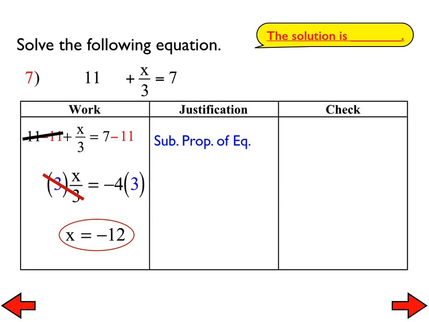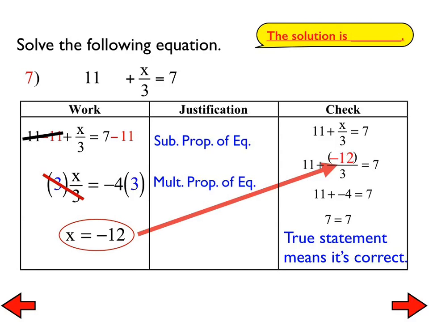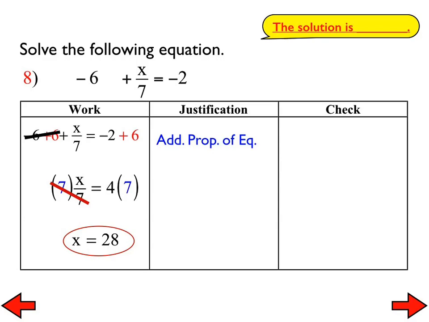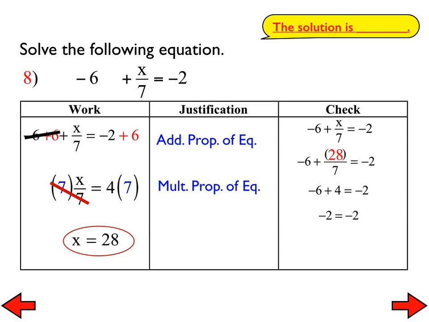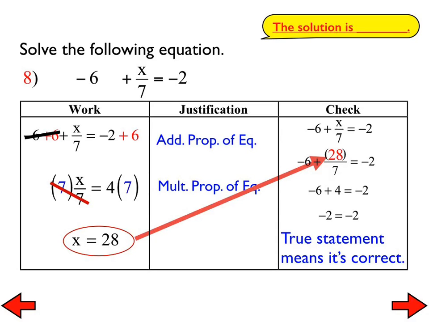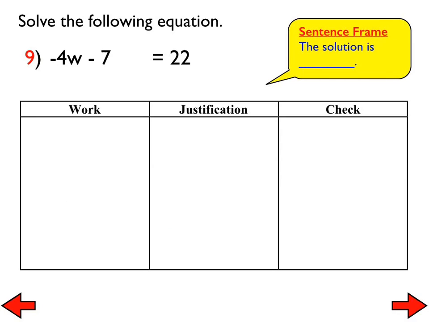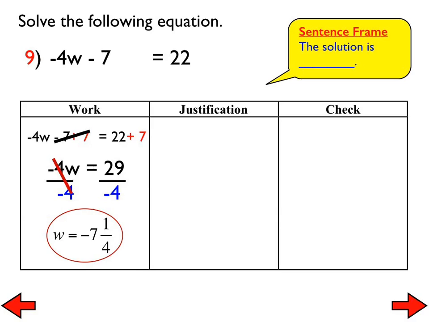So let me just zip through the rest of this. One thing I do want to show you is that all of this even works if we end up with a mixed number for an answer. For example, in this one, I need to add 7 to both sides and then divide both sides by -4.